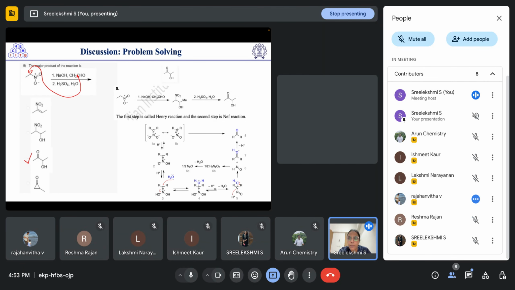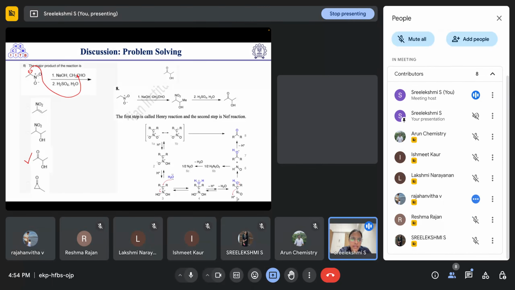So this nitro compound, whatever we are getting after this aldol reaction, in the presence of acid, this nitro will get protonated, and water is also used with the acid here. That water molecule will attack this carbon, and this bond will shift to give this intermediate.